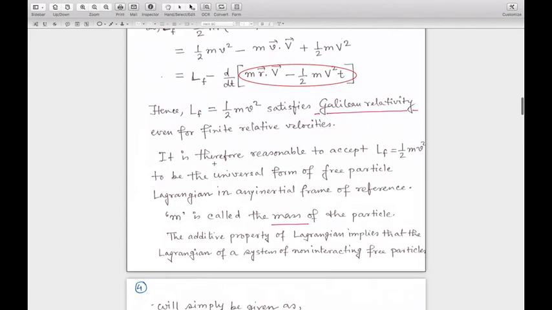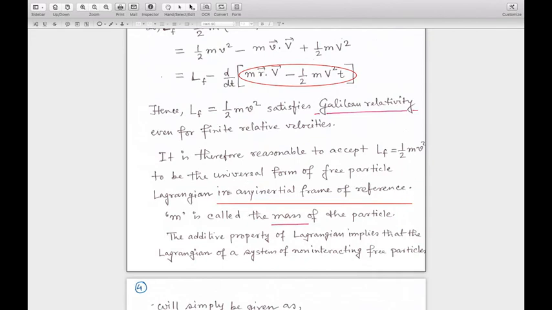It is therefore reasonable to accept L_F as half m v square to be the universal form of free particle Lagrangian in any inertial frame of reference. That's very important. It should be in any inertial frame of reference.